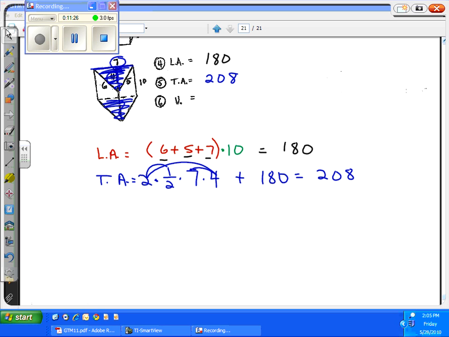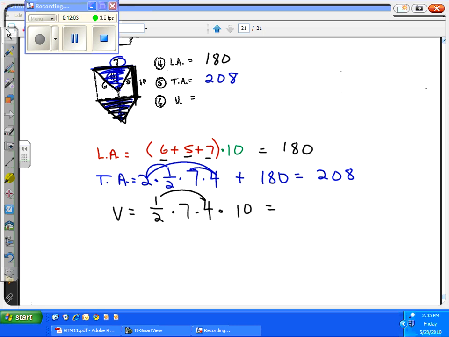Any questions on lateral area, total area? Volume is the area of the bottom, which is 1/2 its base of 7 times its height of 4, and then we fill it up times the height of the prism, 10. So we took the area of the bottom, 1/2 base times height, 1/2 of 7 times 4, and then times 10 filled it up and gave us volume.